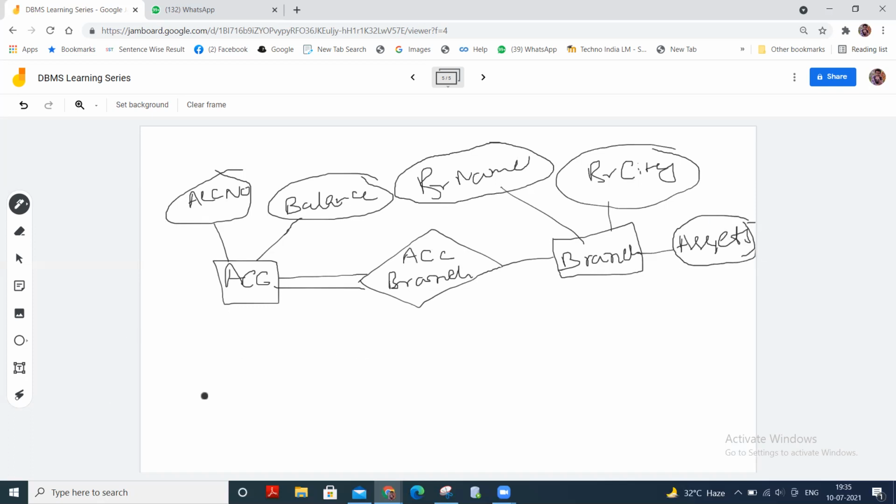Okay, clear? So the attribute branch name in the account schema is not a primary key. Here branch name in the account schema is the foreign key.